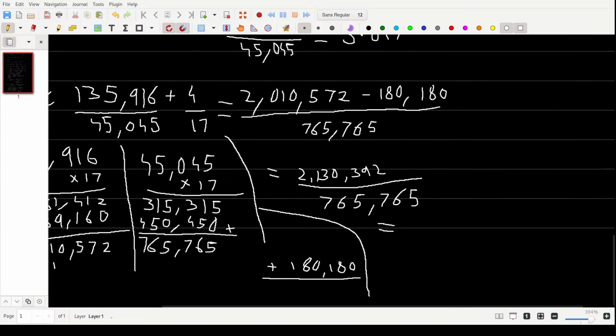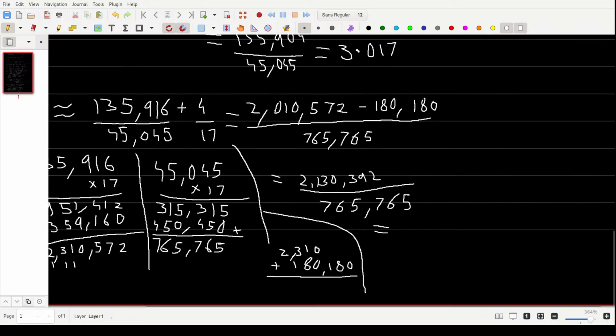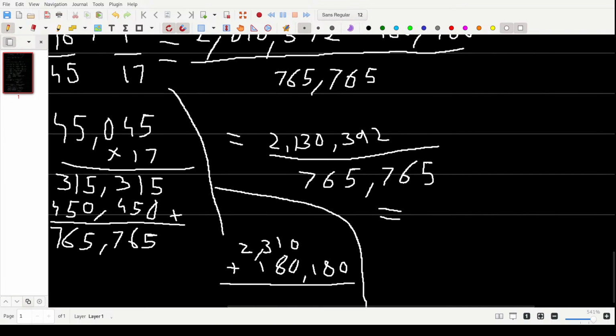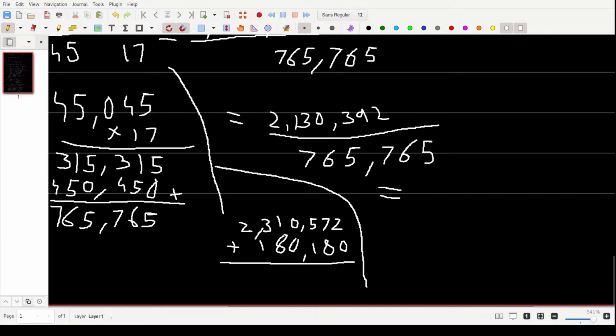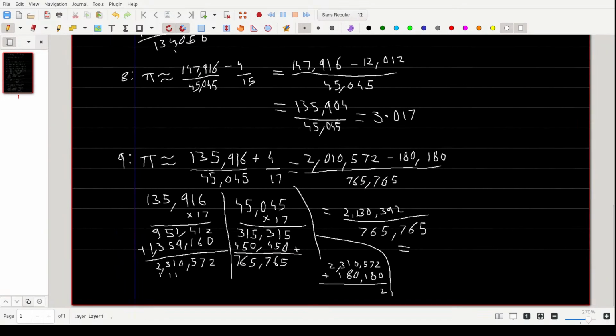So 2, 3, nope, 3, 1, 0, 5, 7, 2. You add these, you don't subtract, you add, because we're doing alternating.